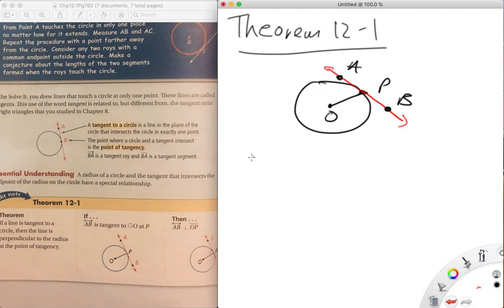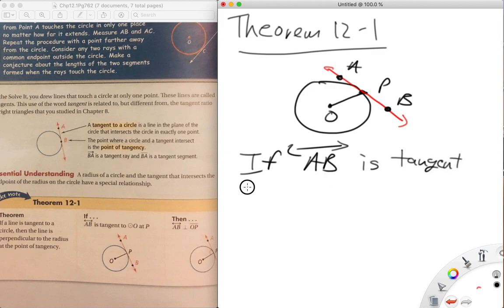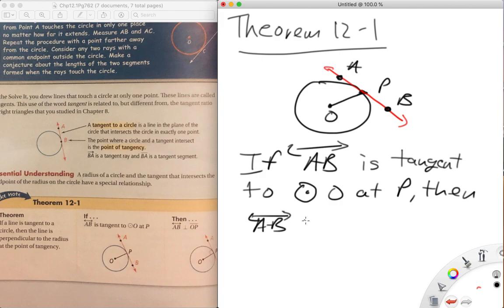So if line AB is tangent to, this is the symbol for circle, a circle with a little dot in the middle, to circle O at point P, then line AB is perpendicular to segment OP.